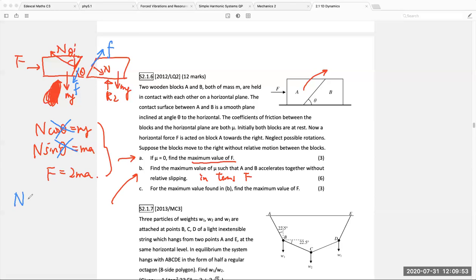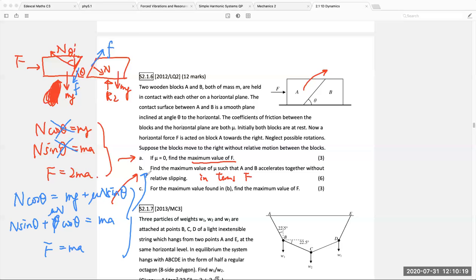That is N cosine theta equal to mg plus mu N sine theta. And then N sine theta plus f cosine theta, f is mu N, equal to ma. For part B, you are solving these three equations.